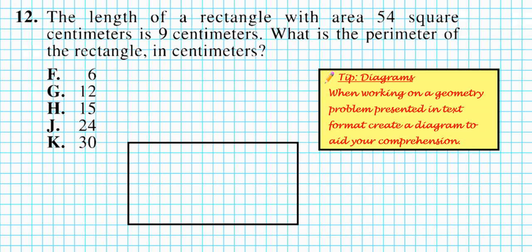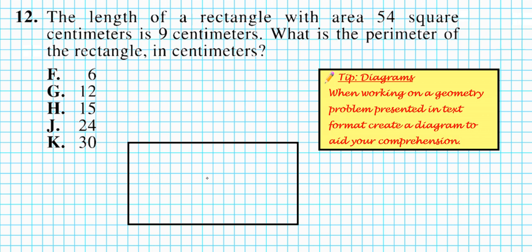Alright, the problem reads, the length of a rectangle with area 54 square centimeters is 9 centimeters. What is the perimeter of the rectangle in centimeters? So let's go ahead and populate the dimensions of this rectangle using this information.